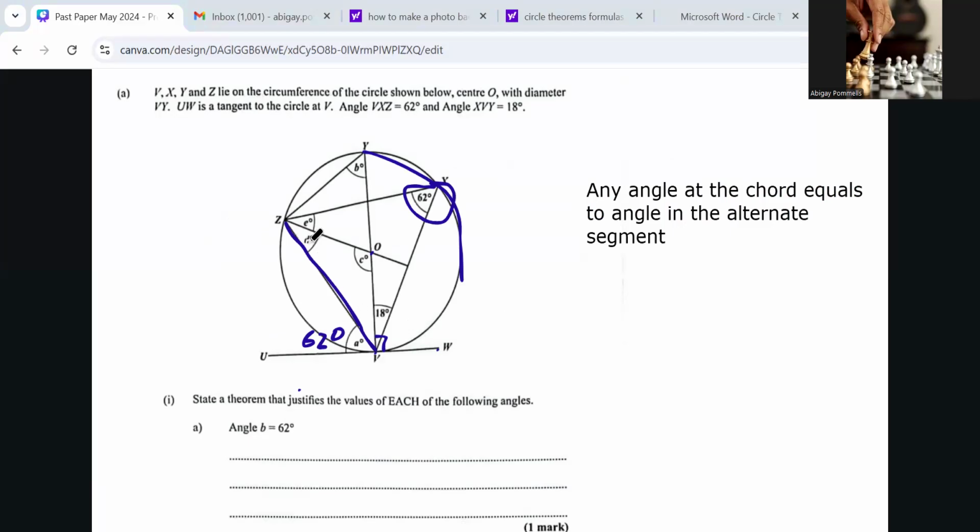D's right here. All right, so we know that C was about 124. Good. We know that A is 62.